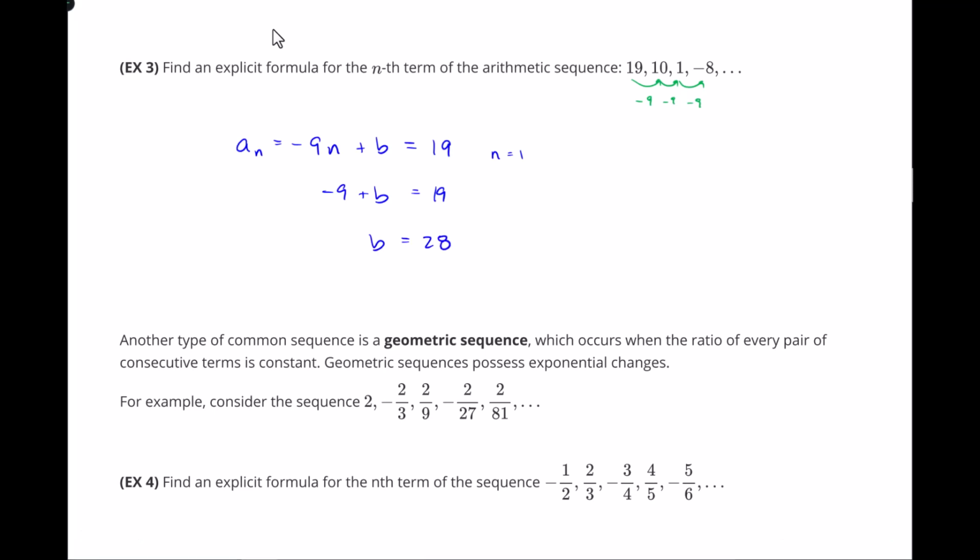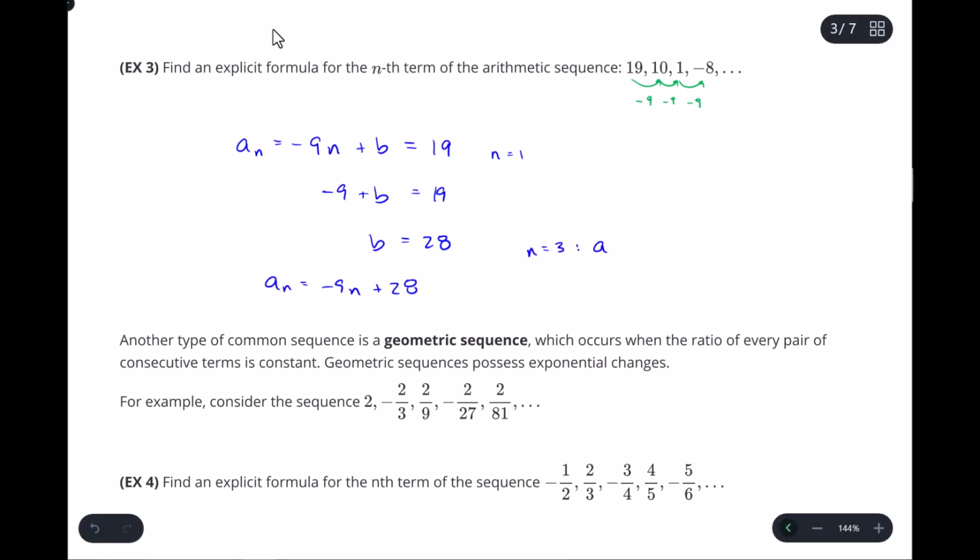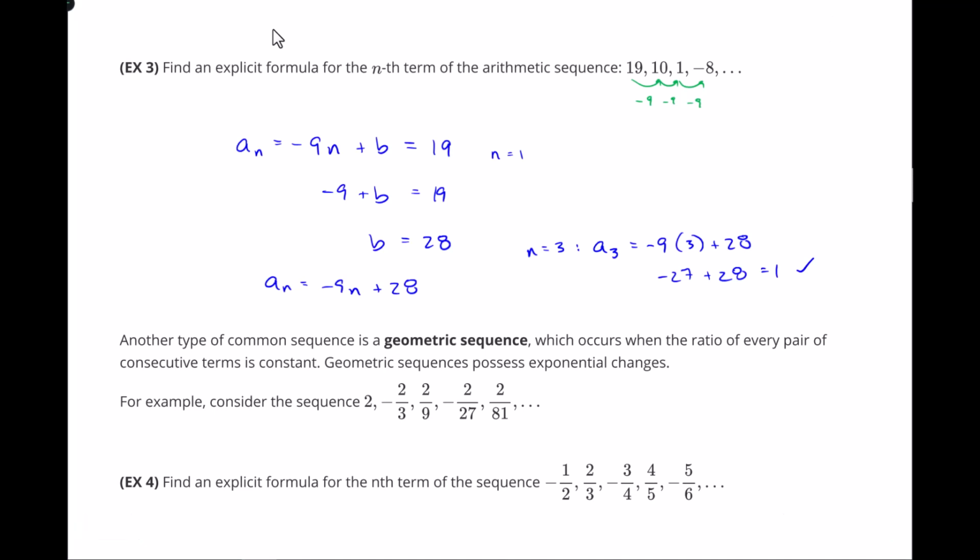All right, so a sub n would be negative 9n plus 28. And just check a few terms to make sure it works out. When n is equal to, say, 3, a sub 3 should be negative 9 times 3 plus 28, which would be negative 27 plus 28, which is 1. And that's what we had for the third term. So that works out.